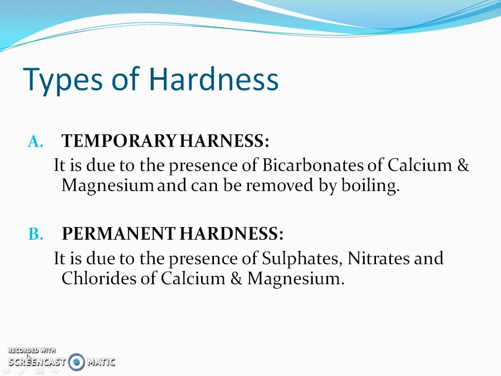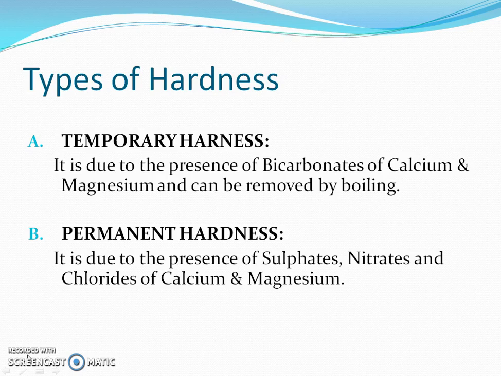When we boil water containing temporary hardness, the soluble bicarbonates of calcium and magnesium are converted into insoluble carbonates and hydroxides, which can be removed by mere filtration of water.